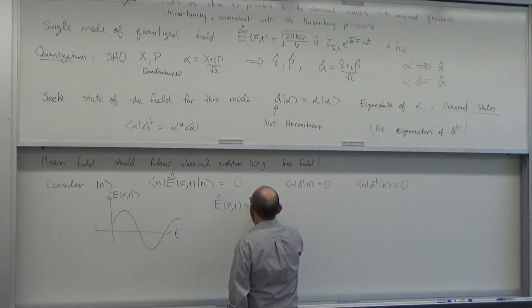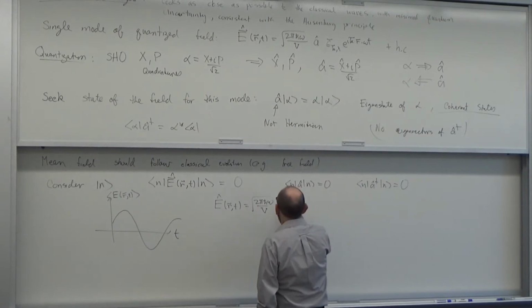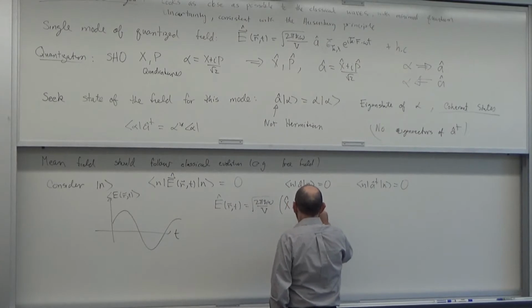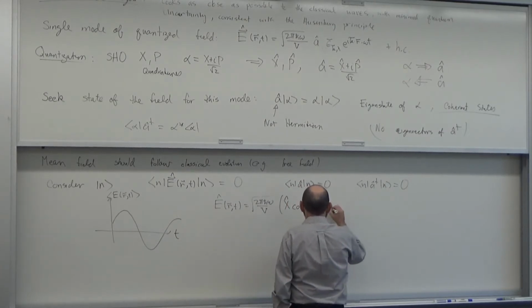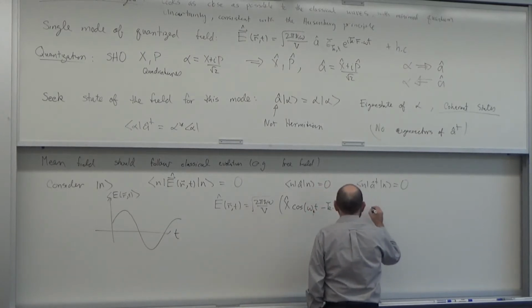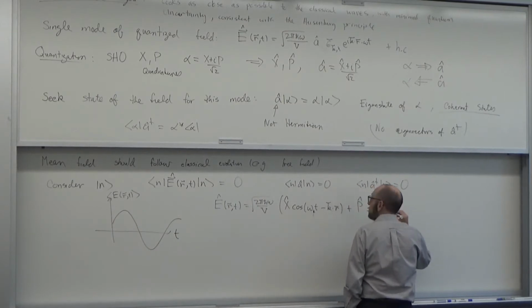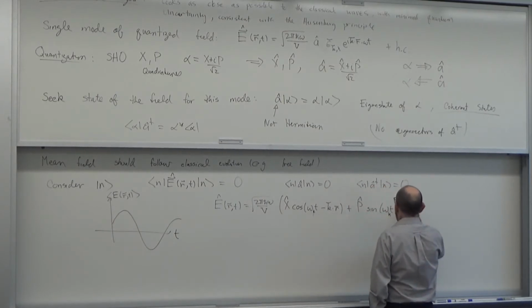It's got this amplitude, and it's got a x cosine omega t minus k dot r plus p sine omega t minus k dot r.